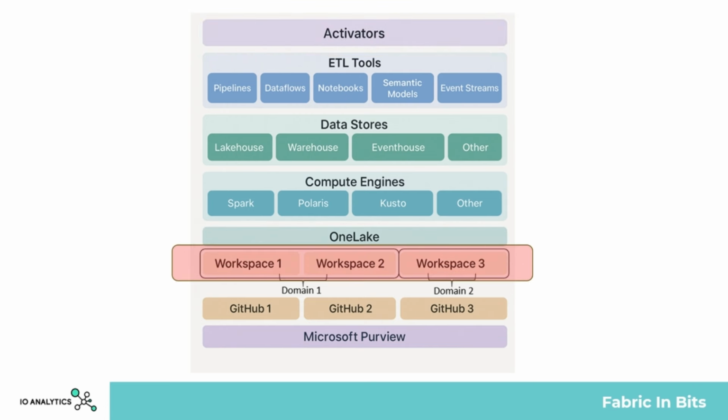Beneath all of those components, you have workspaces. And workspaces are just folders. So in the Fabric portal, when you go to a workspace, you're just looking in a folder, and in that folder, you can then create and store the components that I've just taken you through. So you might have a lakehouse and a warehouse in workspace 1. You might have an eventhouse and event streams in workspace 2.